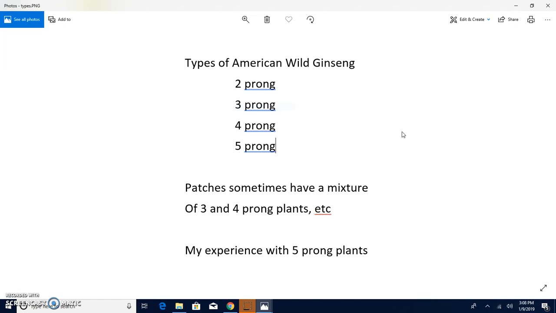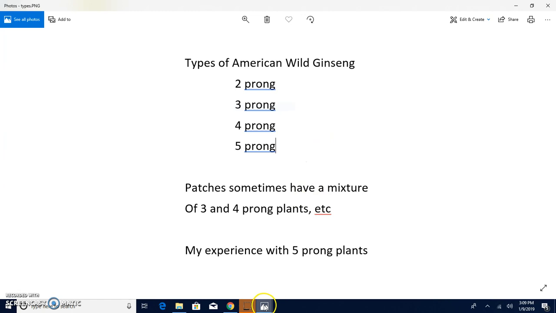You run into patches with only three prongs, and patches with some three prongs and four prong plants, and maybe patches where all it has is five prong plants. But in this area, you've got three prongs and four prongs. There are two prong plants, but very few of them around. Mainly in this area, it's three prong and four prong plants.